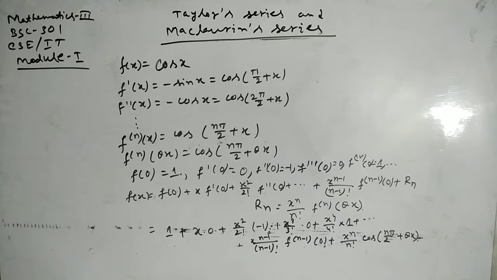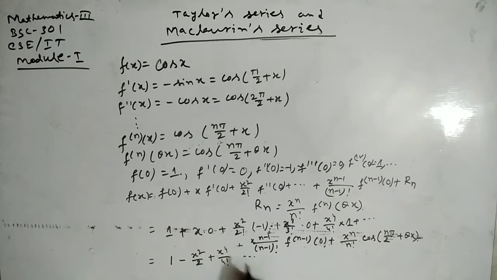Okay. Now, if we just simplify, this will be 1 minus x square by 2 factorial plus x to the power 4 by 4 factorial plus dot dot dot.